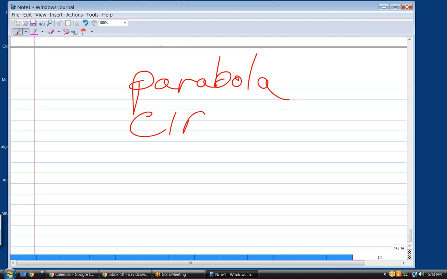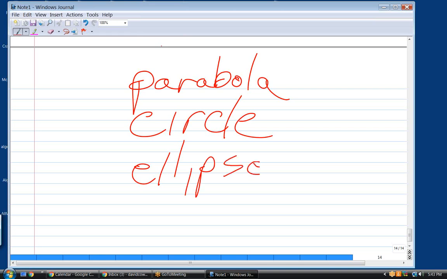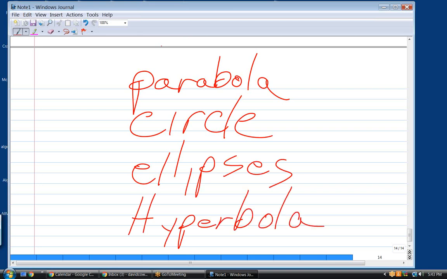Parabolas, circles, ellipses, and hyperbolas. Have you ever studied those? We did parabolas. Okay. Parabolas might look like this, but in the context of conic sections, they can also look like that.